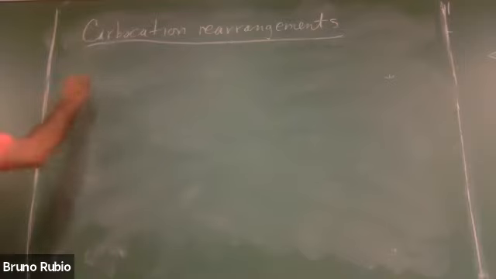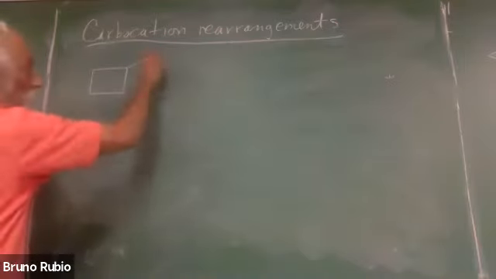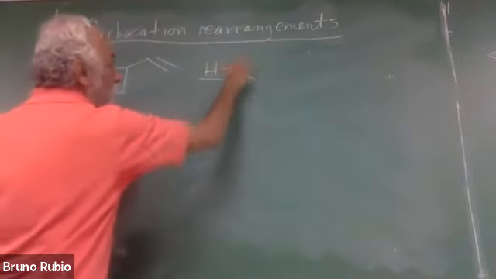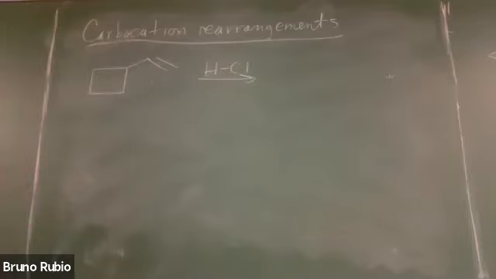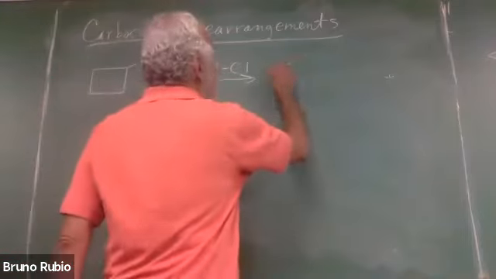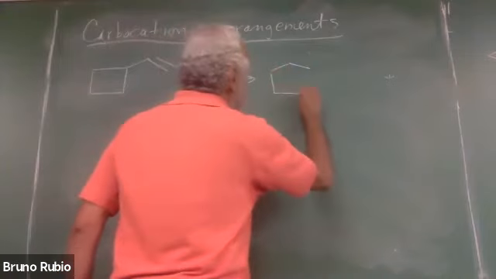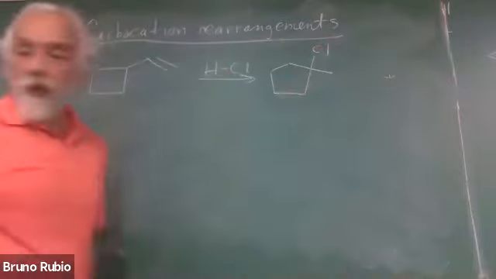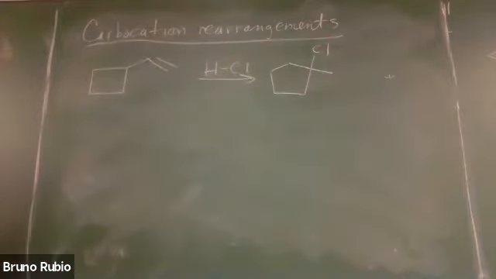Okay, so let's look at this guy. We add HCl. And what is the product? Oh my God. So that's the product. So you see a whole lot has happened here, right? That square is gone.